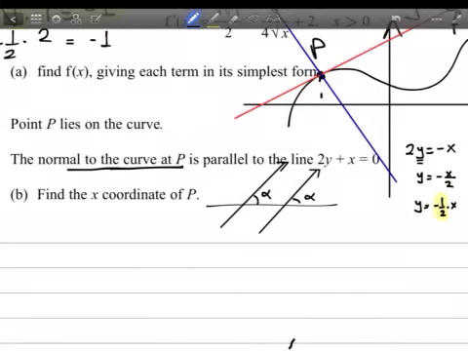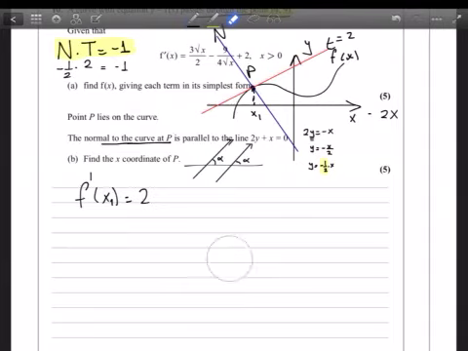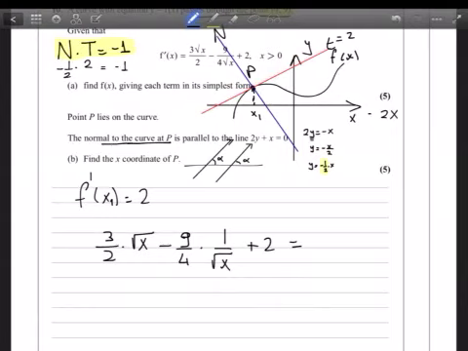We have f prime at point P, which has x value, let's say x1, equal to 2. So we have f prime of x like 3 over 2 times the square root of x minus 9 over 4 times 1 over the square root of x plus 2 is equal to 2.